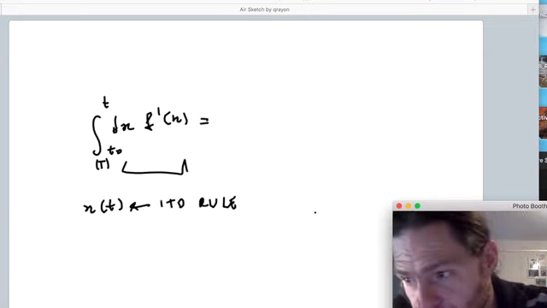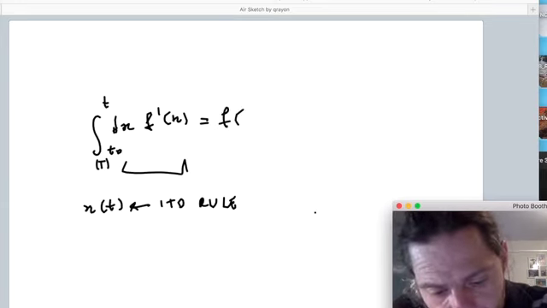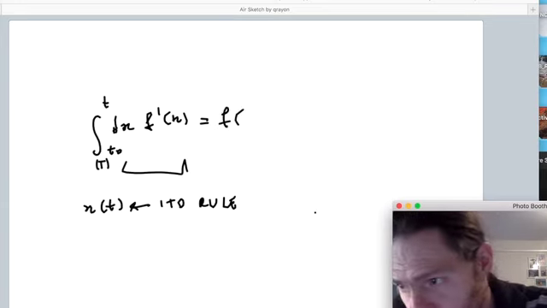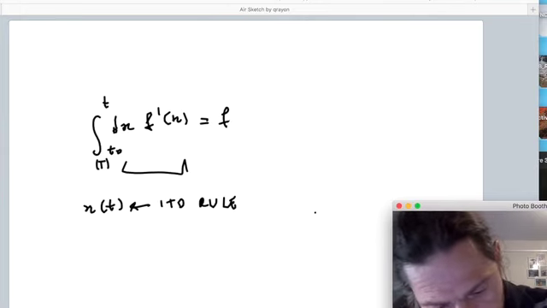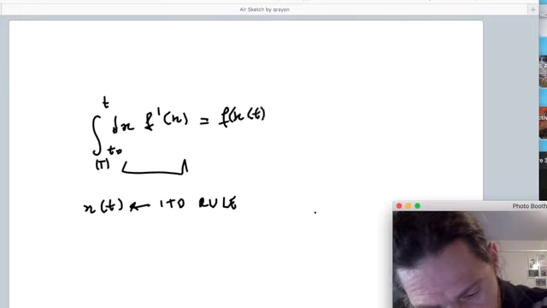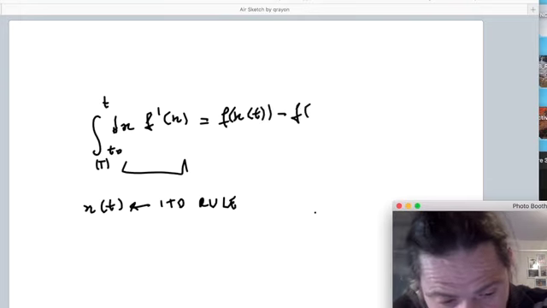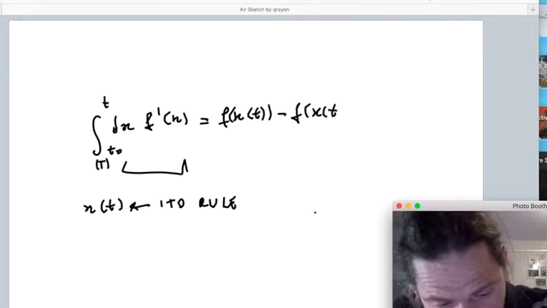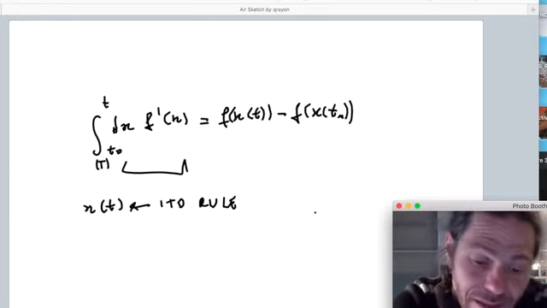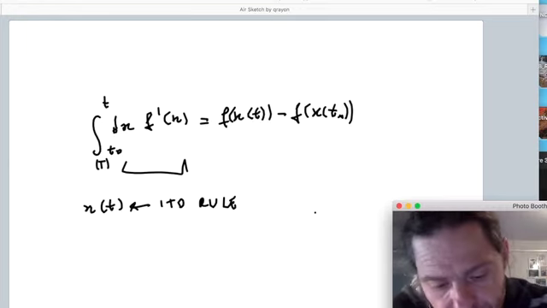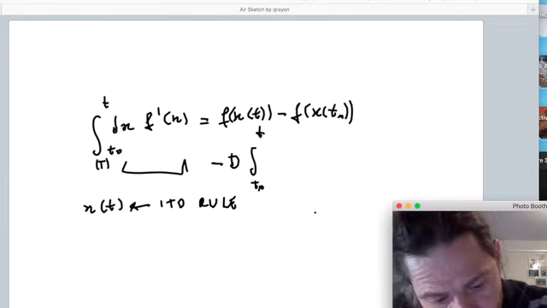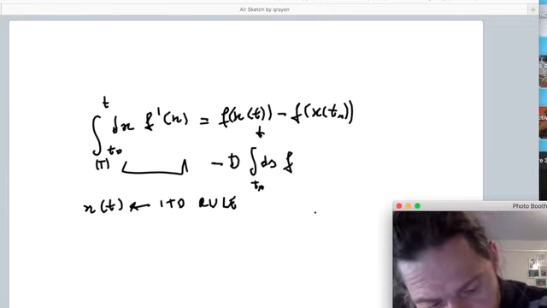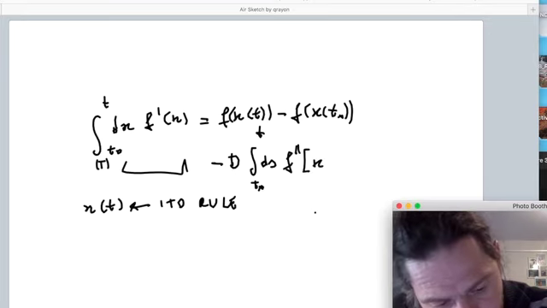Then this object is equal to f at the final time, minus f at time t_0. And that would be the fundamental theorem of calculus. But there's an additional term, negative of D times the integral from t_0 to t of ds f double prime of x(s). Well, this is a Riemann integral.